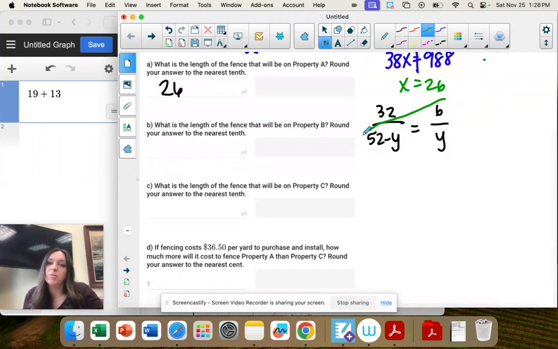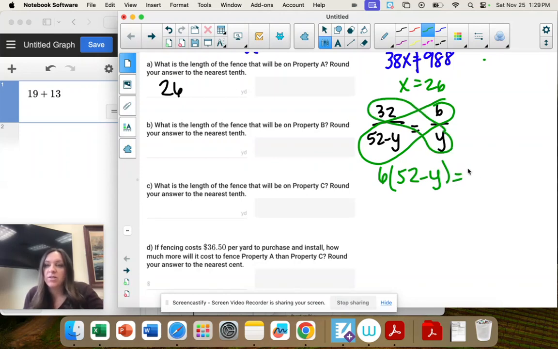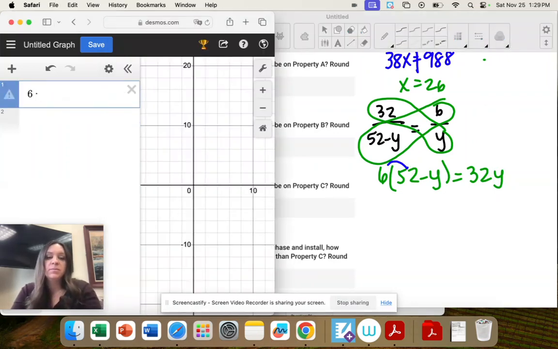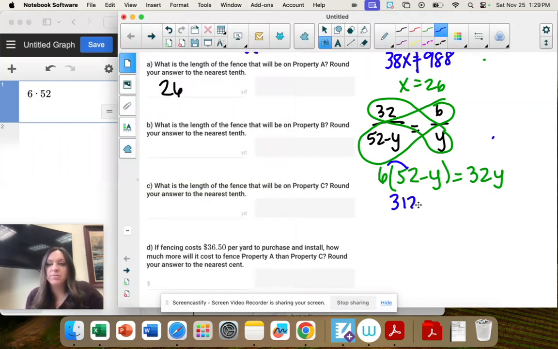Now we're going to cross multiply. So 6 times 52 minus Y equals 32Y. 6 times 52 is 312 minus 6Y equals 32Y.